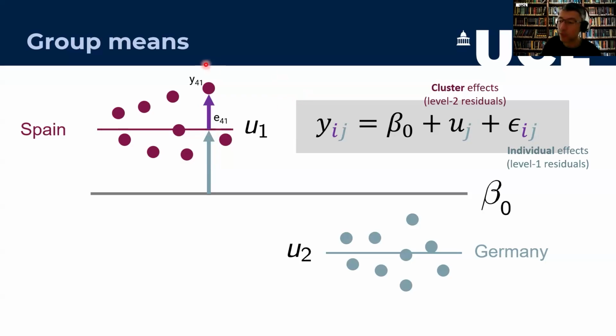So that's why, when we have cluster data, we can split this distance for a specific subject into two components, and we can therefore calculate the so-called cluster effect and individual effects components with two different residuals, the country residuals and the individual level 1 residual.